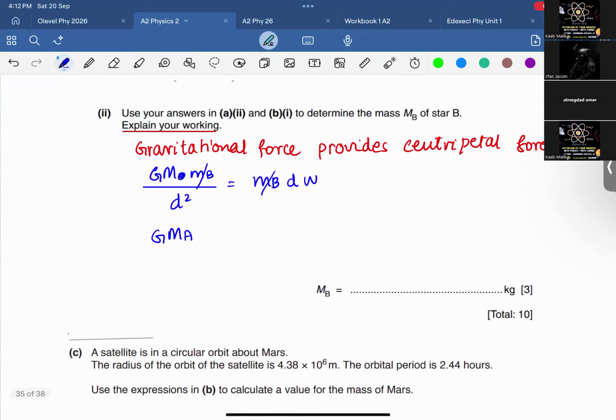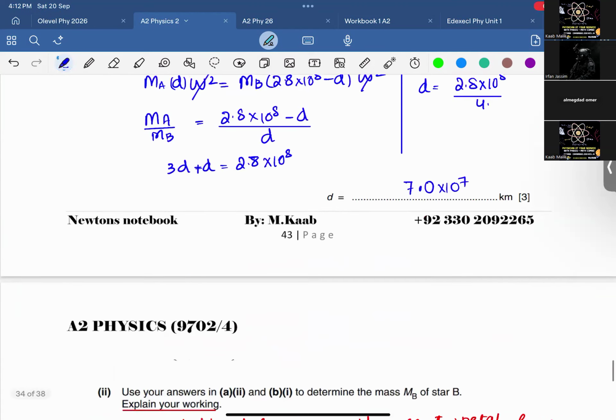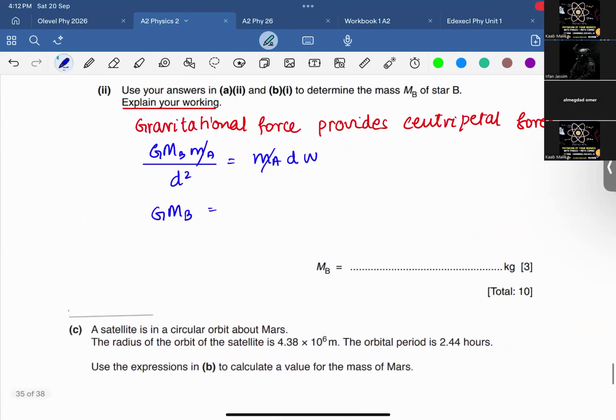This should be B, this should be A. So this gets cancelled out, and it's not d squared, it's basically this distance, d minus the whole thing. Let me just take r for it.